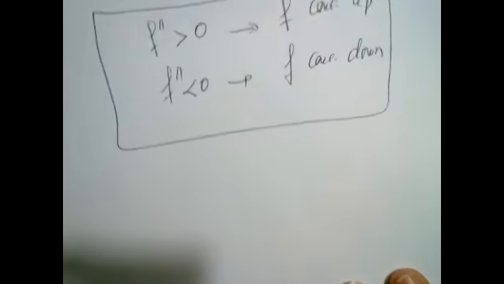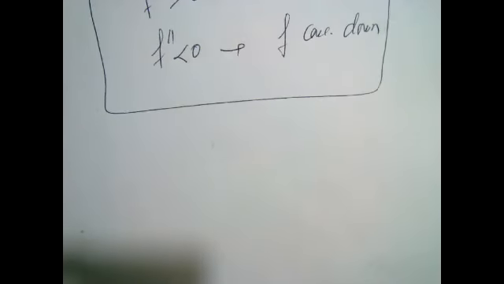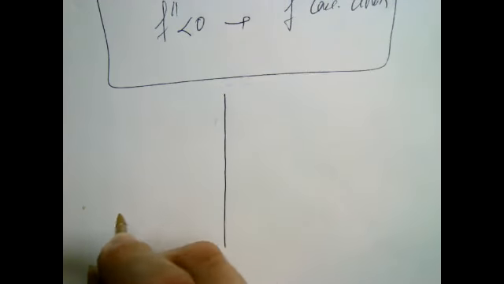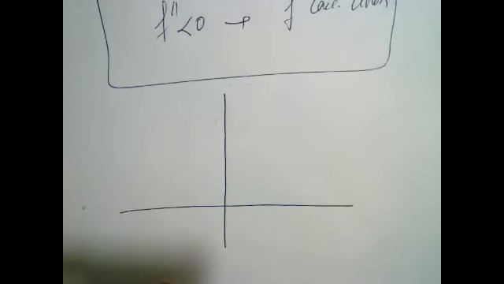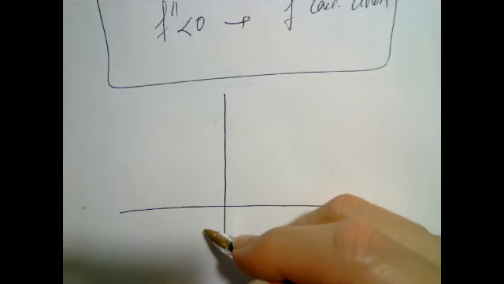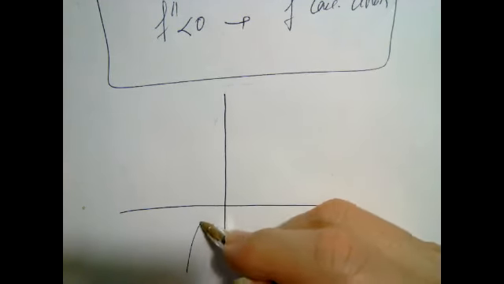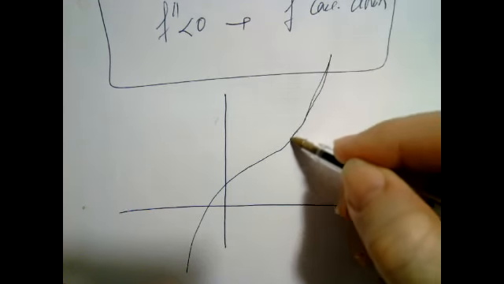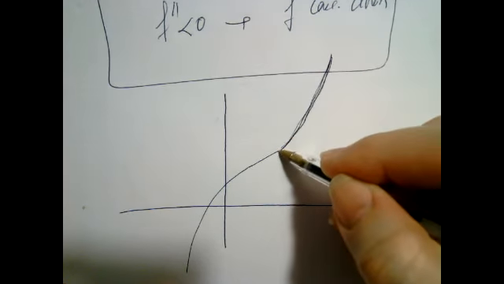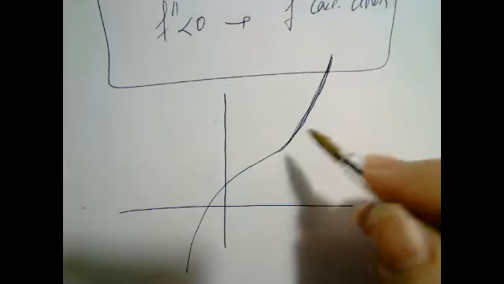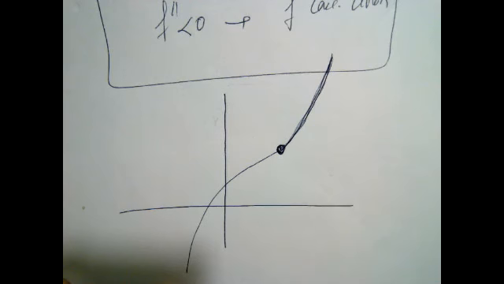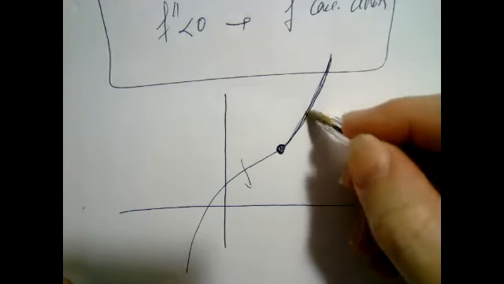Before I do that, there is something extremely important that yesterday I forgot to mention. Suppose you have a function f that is concave up, then concave down, and then concave up. There is this point here where the concavity changes, from concave down to concave up.